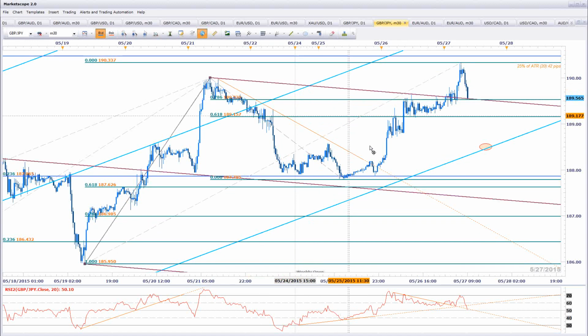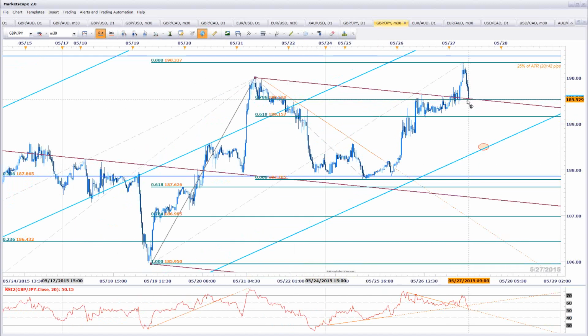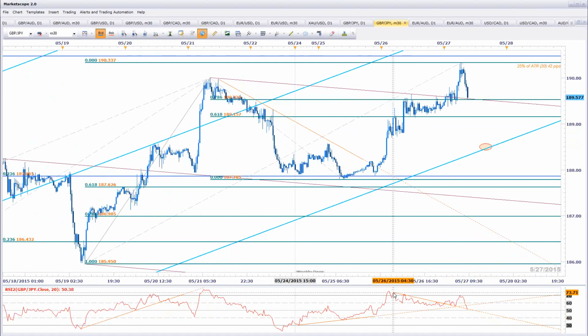I'm going to leave this median line here for now, and a break below this, since this is basically the opening range lows for Europe right here. A break below, let's say 89.40, 89.50, in my personal opinion, would put the short side in focus. You're getting some divergence all through these highs. So higher high, higher high, higher high, lower high, lower high.